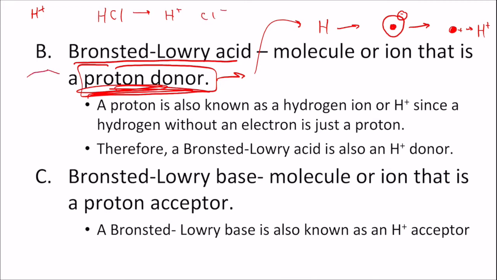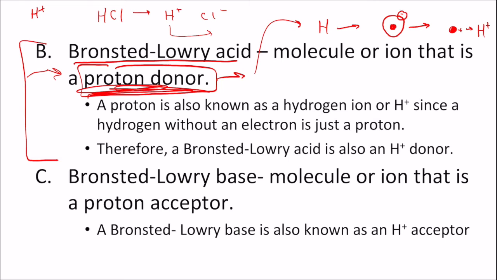And it's also donating that H+ to something else. So it's both an Arrhenius acid and a Bronsted-Lowry acid. They work together. It's very similar, but it allows us to broaden the definition for some things, and I'll show you some examples as we move on.